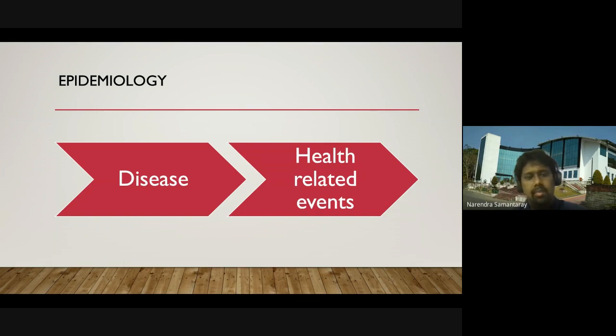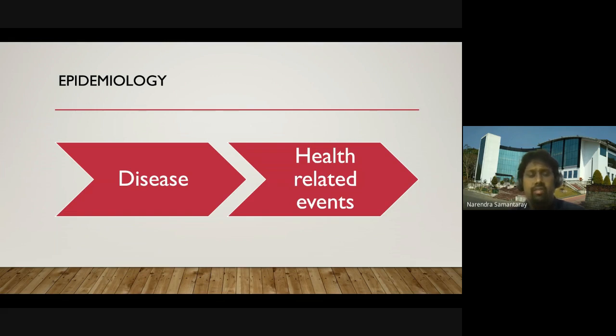The way epidemiology started as a specific science, it basically dealt with infectious disease. But thereafter, it started studying many kinds of conditions. Hence, it is not only related to the study of disease now; rather, it is the distribution of any kind of health related events, not necessarily disease.